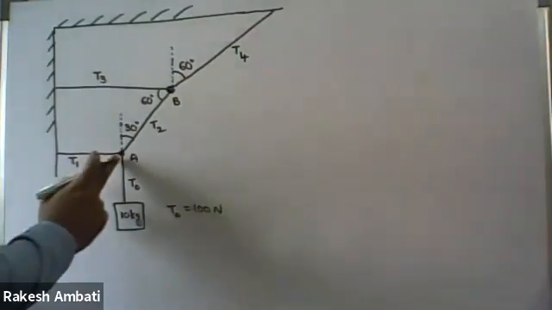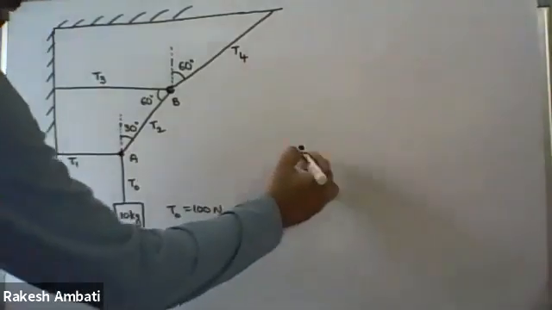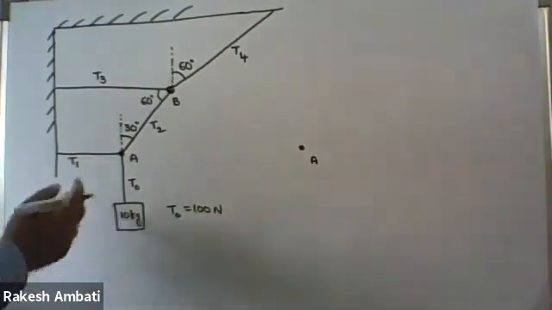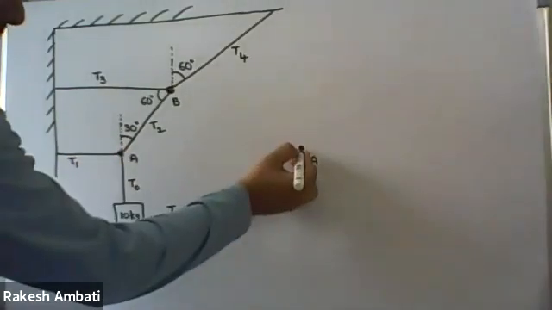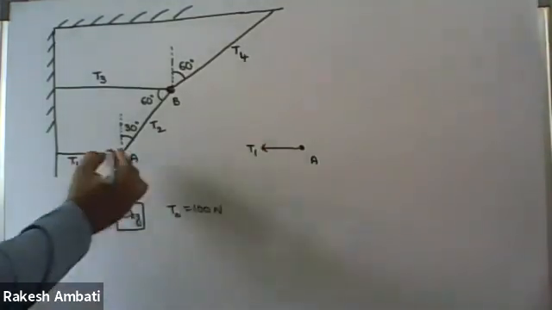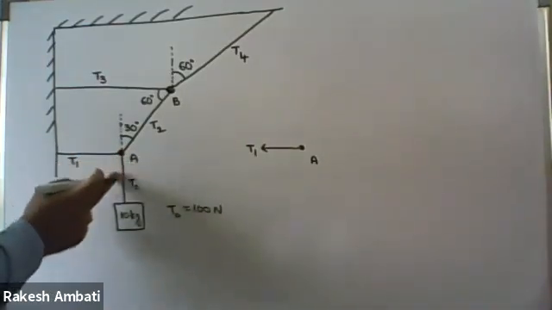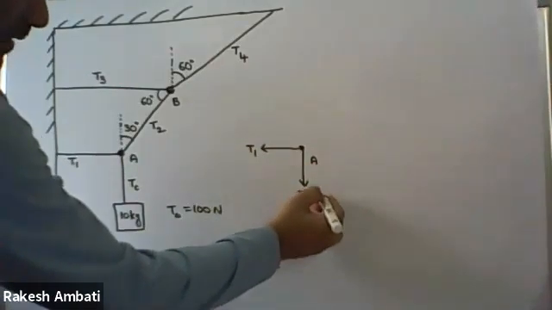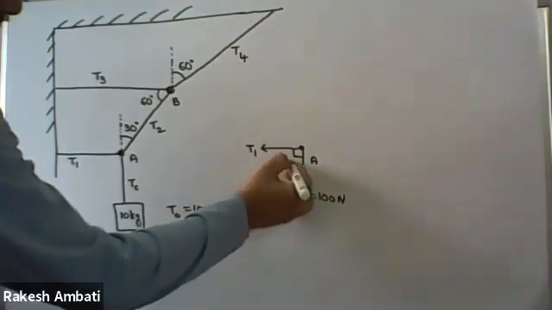So first of all, I'm taking this tied point A. For this point, let us draw the FBD, free body diagram. If this is the point A, what is the direction of T1? Away from the tied point. It is T1. Then what is the direction of T naught? That is away from the tied point. It is T naught. This value already we have, 100 newtons. Now this angle is 90 degrees.